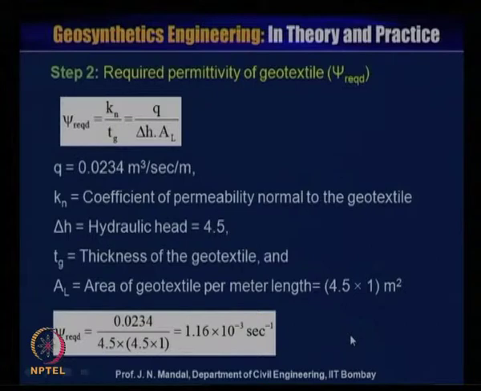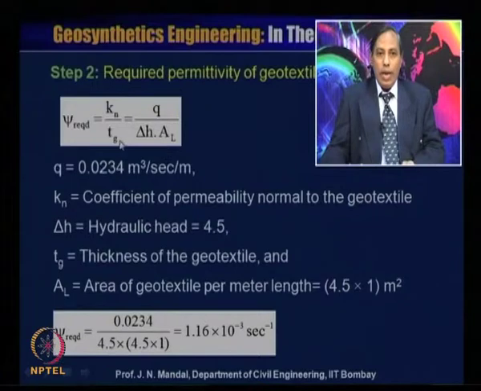Now step 2, what is the required permittivity of the geotextile, which is psi required. You know this equation: psi required equals Kn by Tg, which is Q by delta H into Al. Here Q is the flow, which we have already calculated earlier as 0.0234 meter cube per second per meter, and Kn is the coefficient of permeability normal to this geotextile.